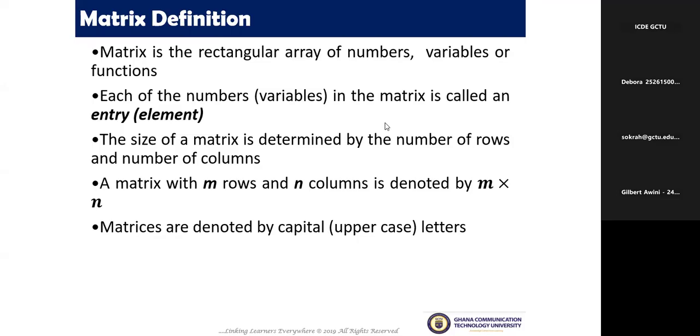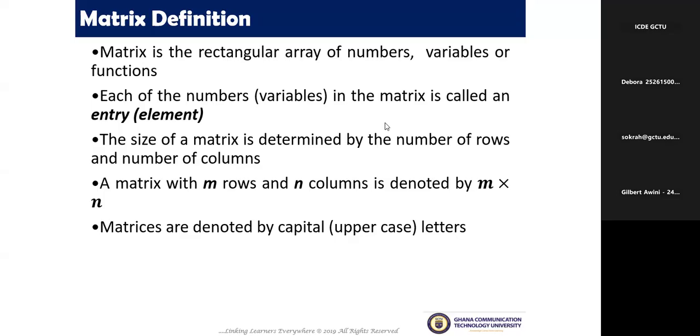Now, if we agree to that, then we come to the size of a matrix. The size of a matrix is the same as the dimension of the matrix, and it is the same as the order of the matrix. So if I give you a particular matrix and ask you to tell me the size, the order or the dimension, you should always look for what? The number of rows and the number of columns.